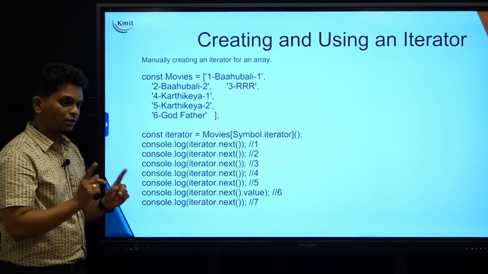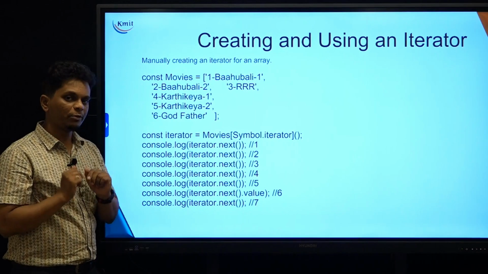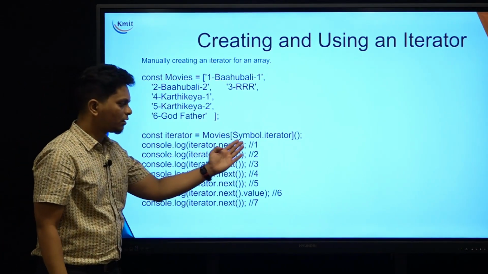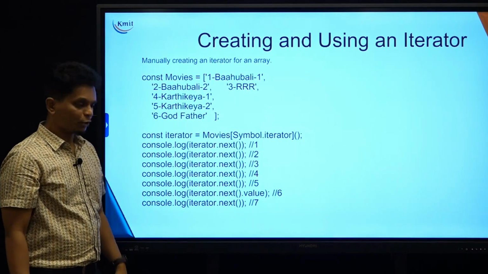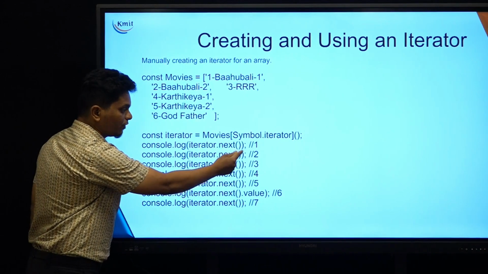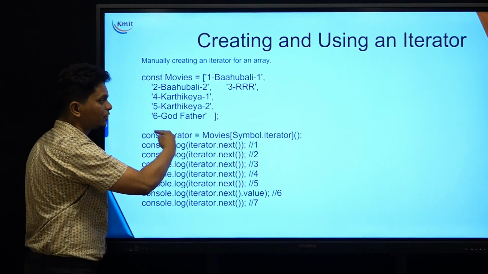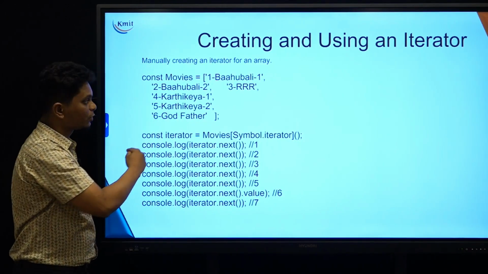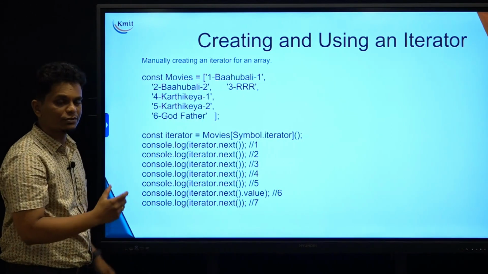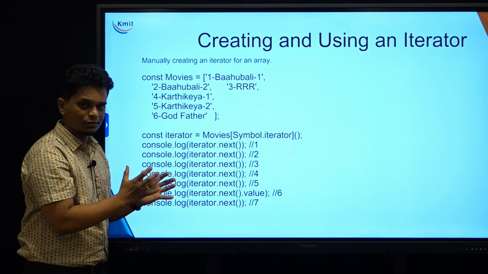But one thing we need to keep in mind is, along with the value, it will return false, because at the first instance we have not finished traversing through the complete list. So when it prints the first item, it prints the movie title along with its boolean, which is false.